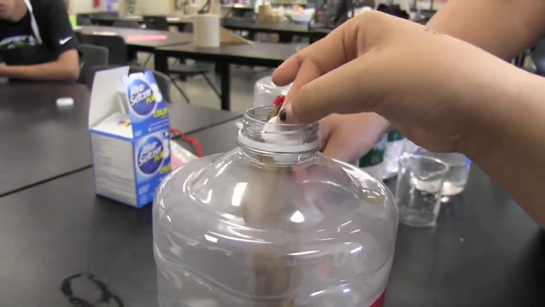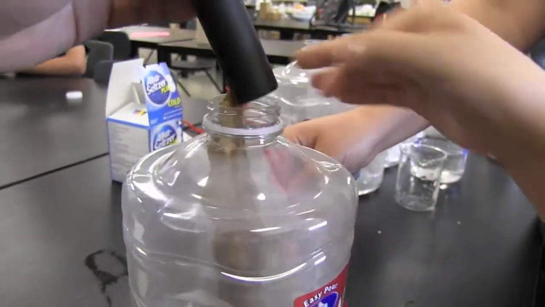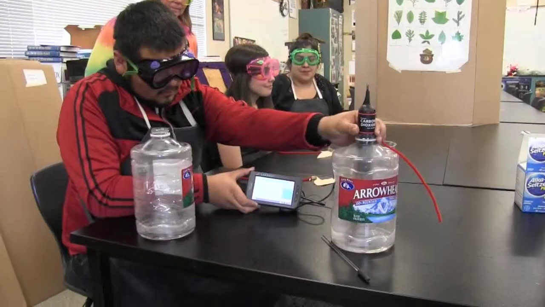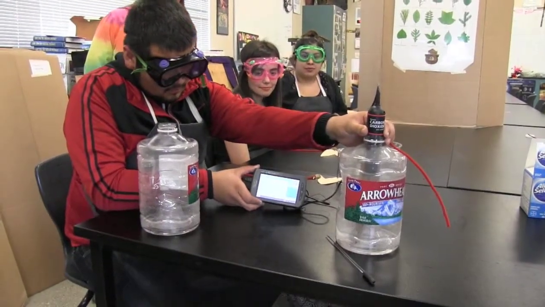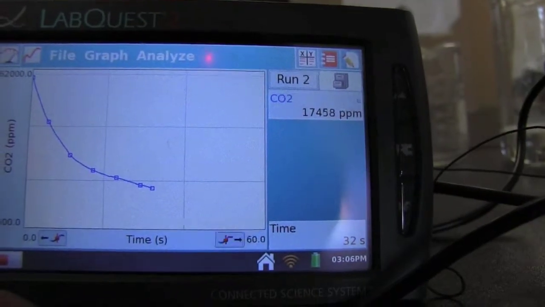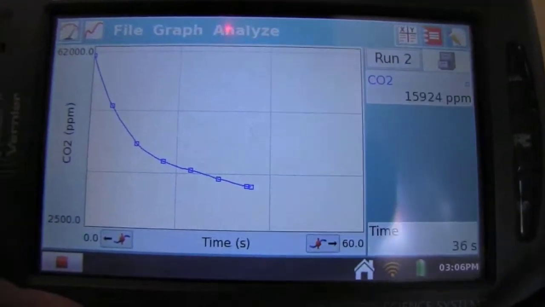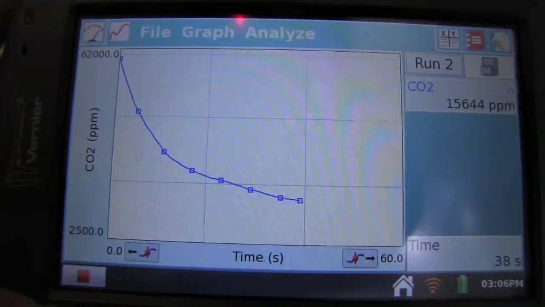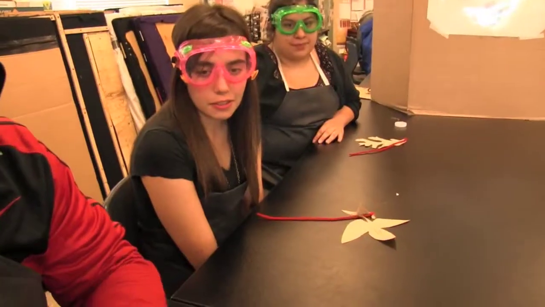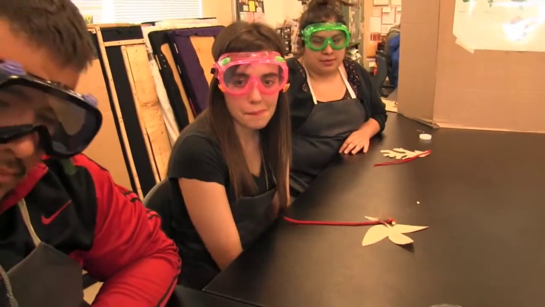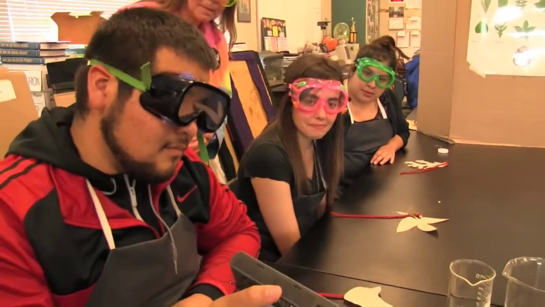Ready? Did the CO2 levels go down? Yeah, they actually did. All right, so we have all your designs, and we saved the data on the LabQuest.